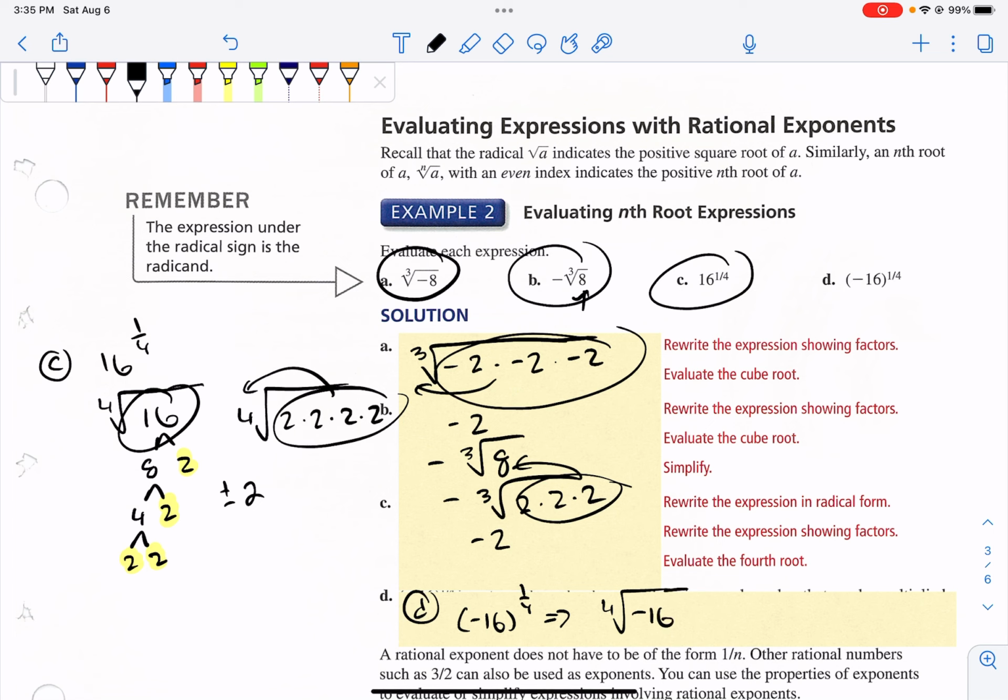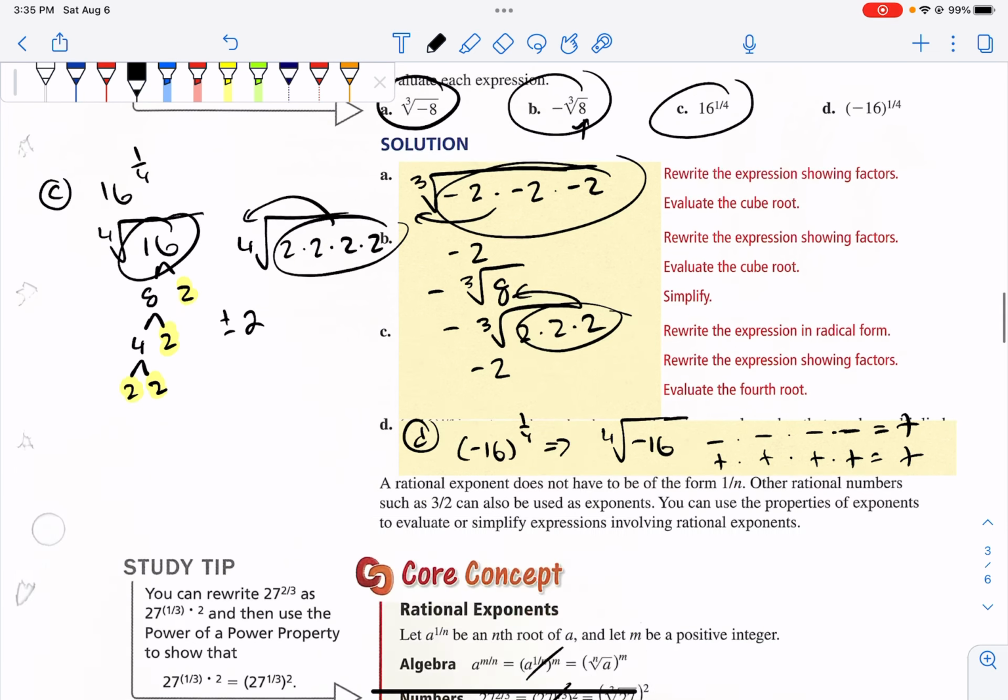Now, here's the problem, okay? 4 numbers cannot get multiplied and all be the same number and end up with a negative, because I either have a negative times a negative times a negative times a negative, which is going to be a positive, or I'm going to have a positive times a positive times a positive times a positive, which is going to come out to be a positive. So there are no solutions for that one. You plug it in your calculator, it's going to get mad at you. It's going to beep and holler and yell and call you bad names.